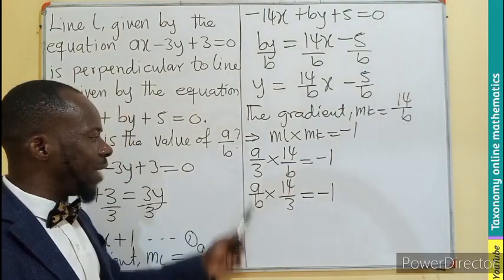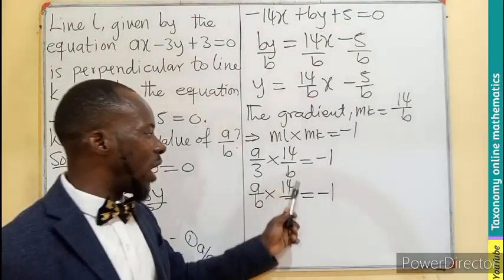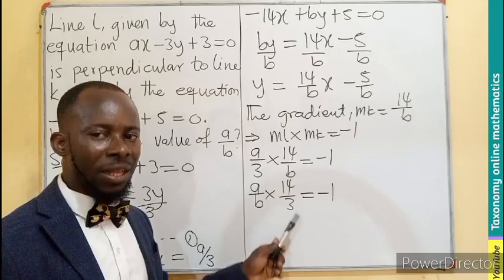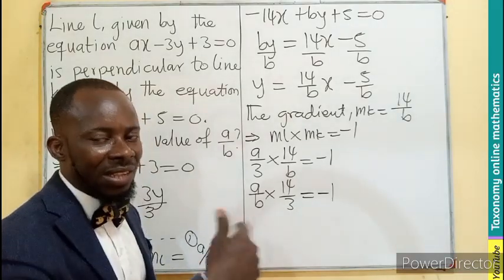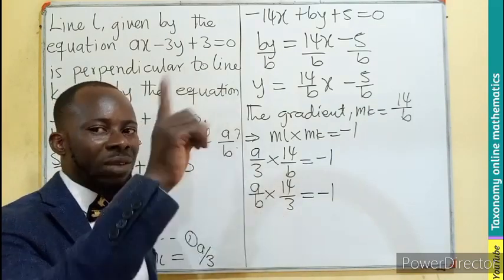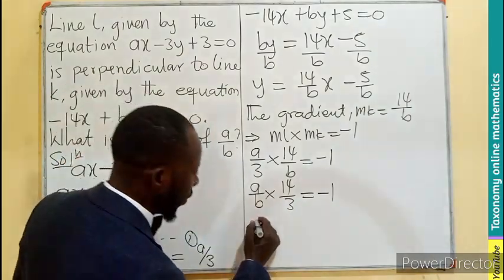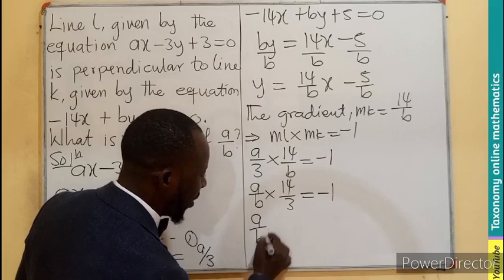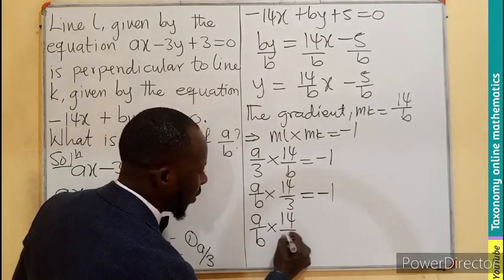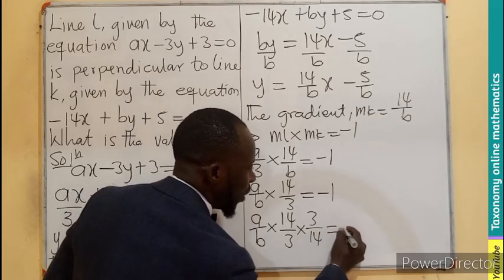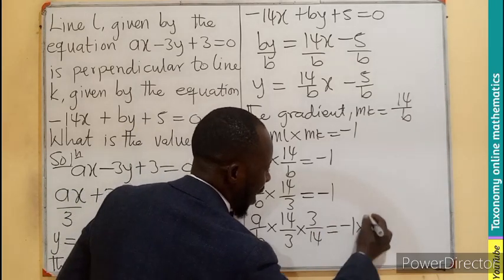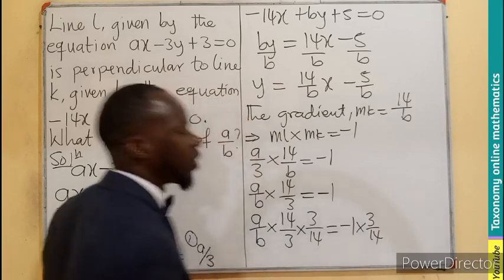But we are looking for a over b. So we have to eliminate the 14 over 3 so that a over b will be there. And the only way we can eliminate that, since it's multiplying, is to use its reciprocal. So this is going to be a over b times 14 over 3 times 3 over 14 equals negative 1 times 3 over 14.